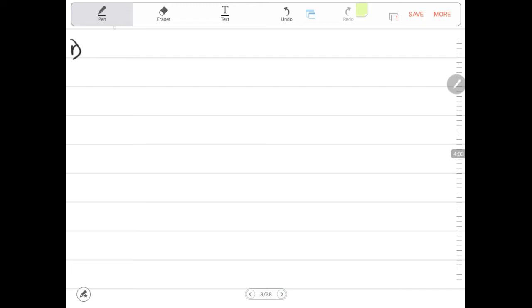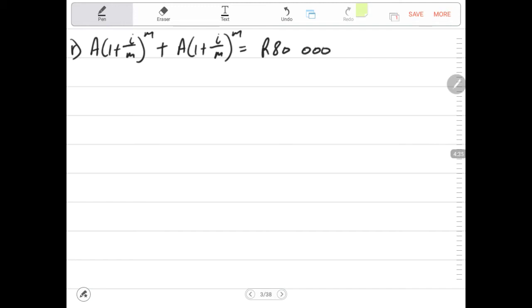We know that the sum accumulated, sorry, it will be A, is equal to open brackets 1 plus i divided by m, where m is how often the interest is compounded in a year, to the power of n, is equal to 80,000 rands. So this is what the father needs at the end of 7 years.